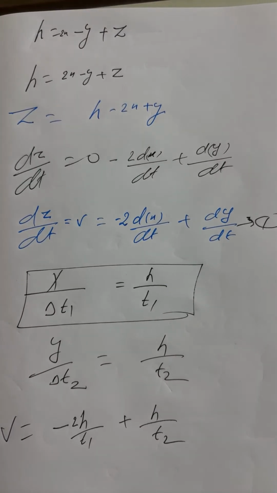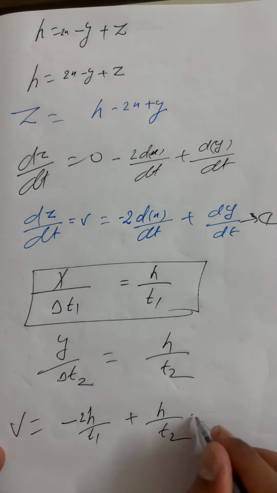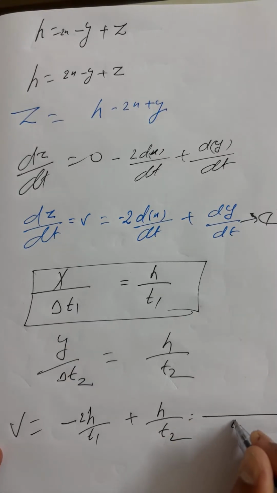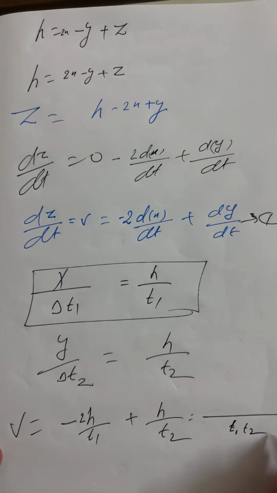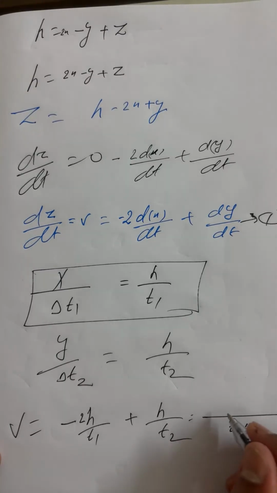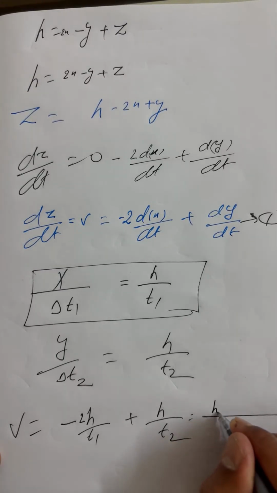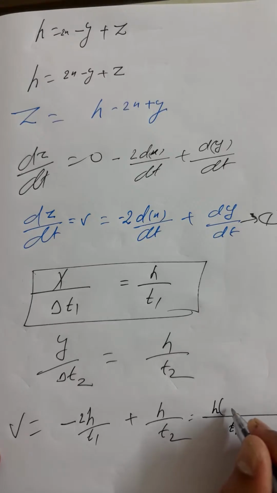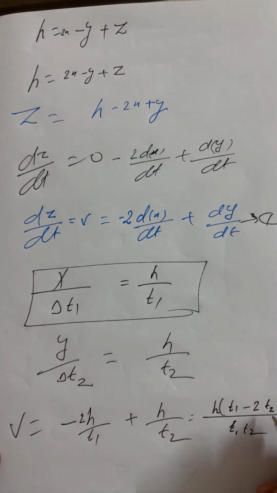For further calculation, just take the LCM here, which is t1 t2. Then you can take h common. This is basically t1 minus twice t2.